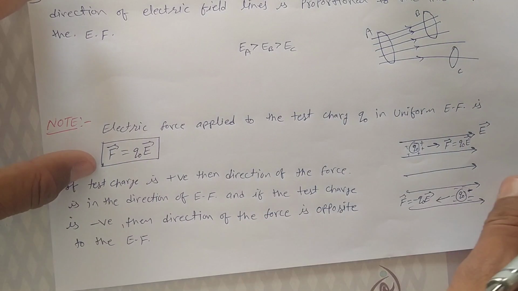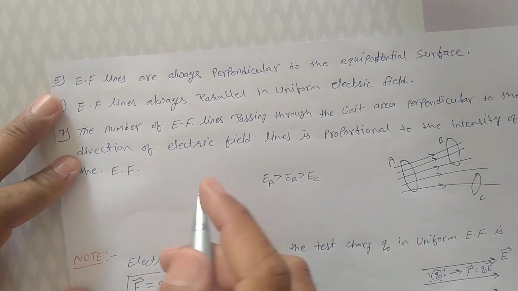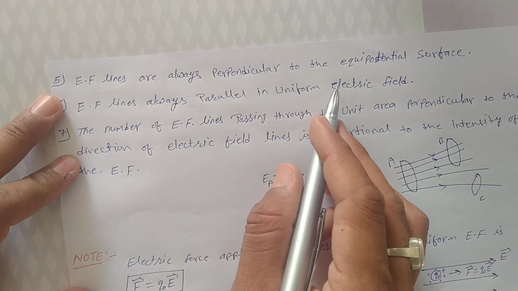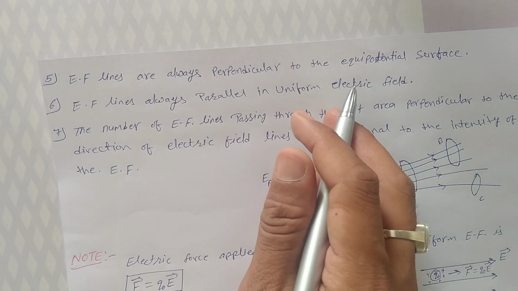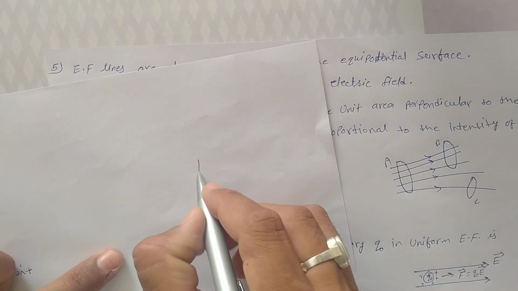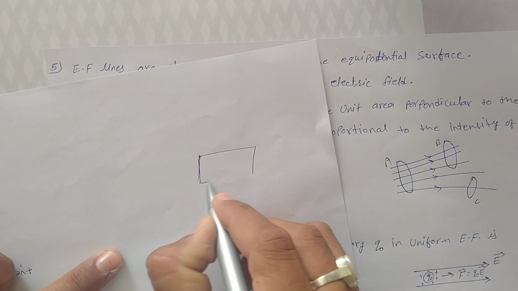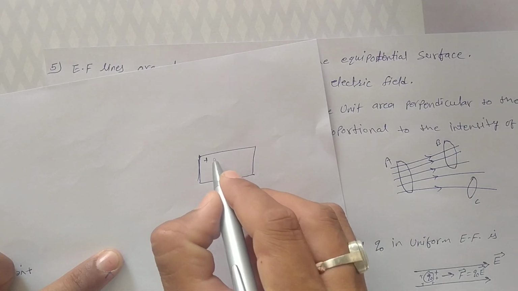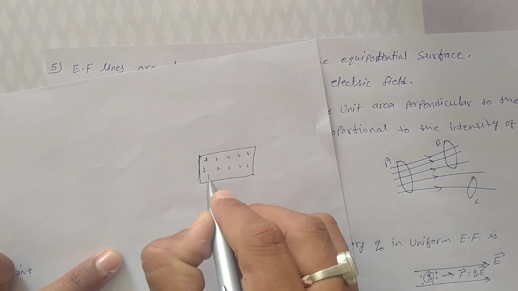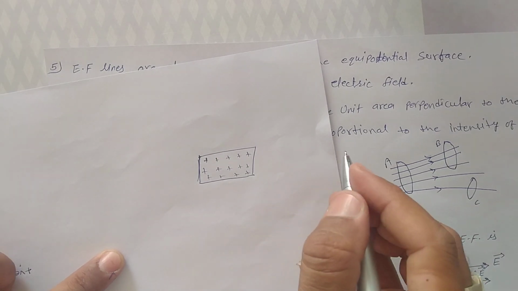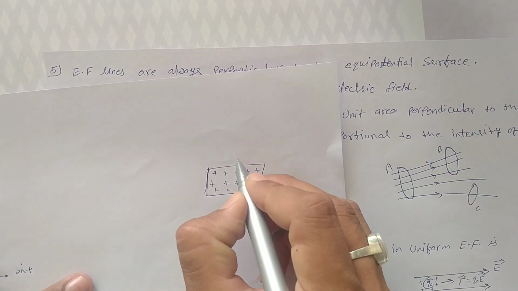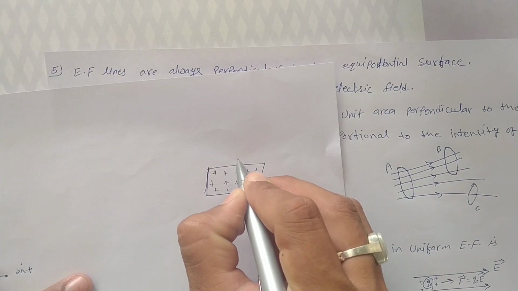Our next point of electric field lines. Electric field lines are always perpendicular to the equipotential surface. Suppose we have a positively charged equipotential surface, then electric field lines start from this surface perpendicularly like this.